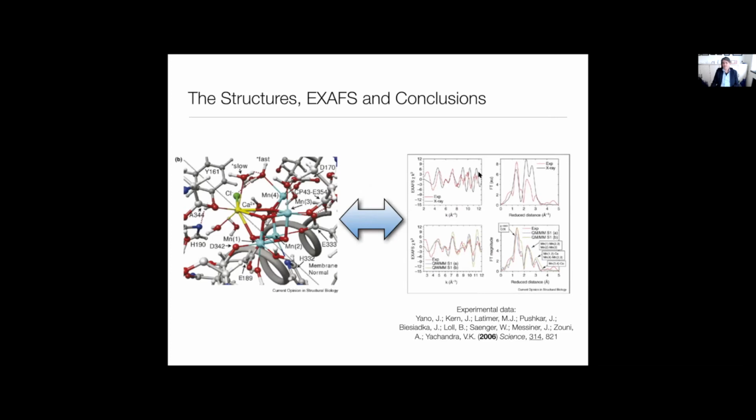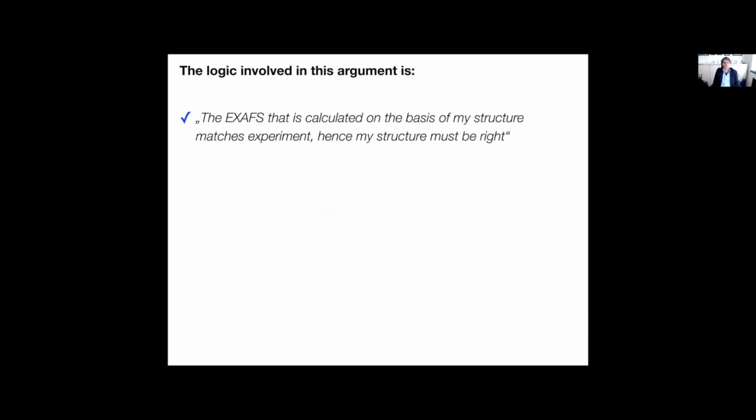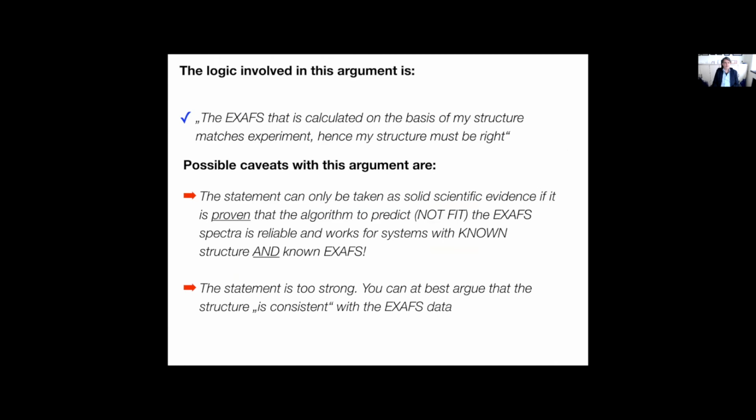And they have the observed EXAFS that, due to the wonderful work of Johannes Messinger and Giuliano and many others of their collaborators, are available for all of the intermediate states of the OEC. But then basically the argument that people wanted to make is that, like, say, look, I have calculated the structure and then I run it through FEFF and get a predicted EXAFS spectrum, and that matches experiment, hence my structure must be right. And there are two caveats with that.